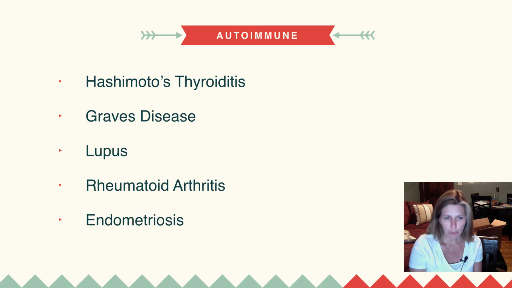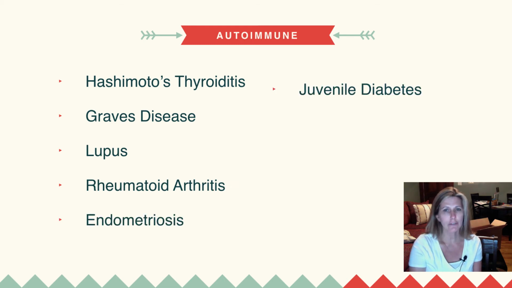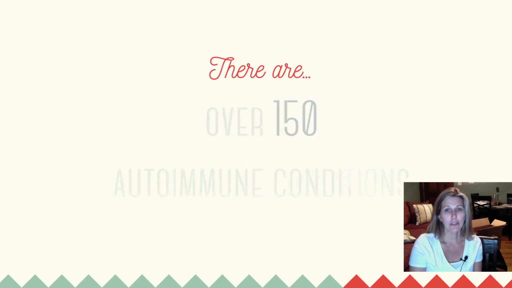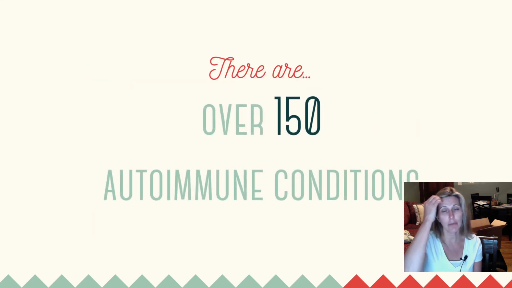Lupus, rheumatoid arthritis, endometriosis, juvenile diabetes, multiple sclerosis, psoriasis, eosinophilic esophagitis, and 150 other autoimmune conditions can be attributed to gluten sensitivity or can be made worse by gluten sensitivity.